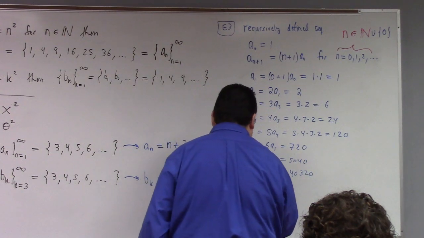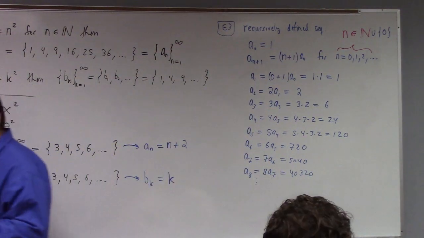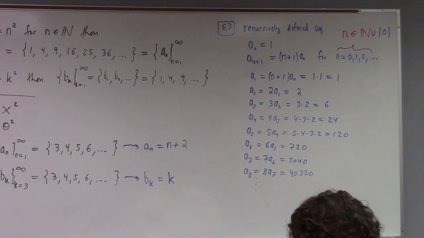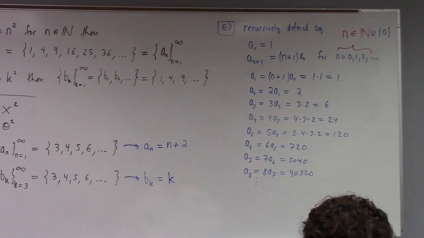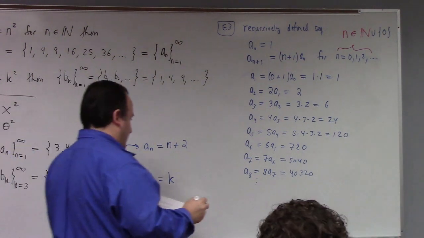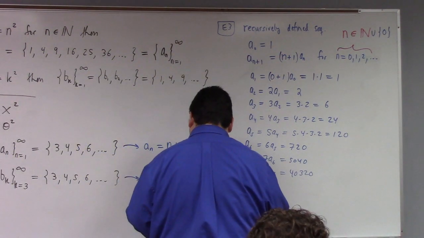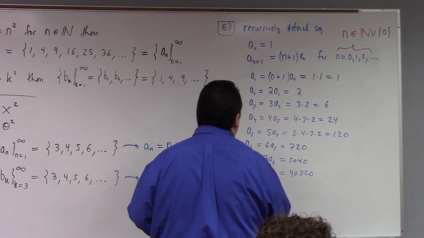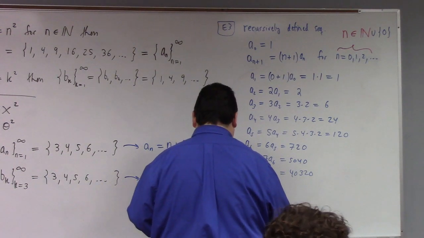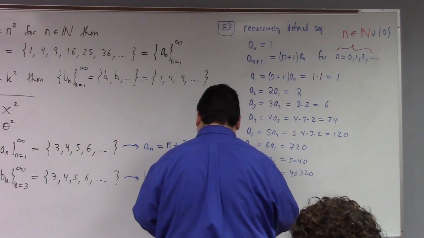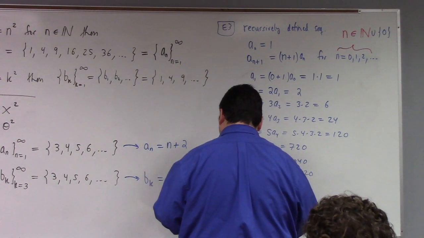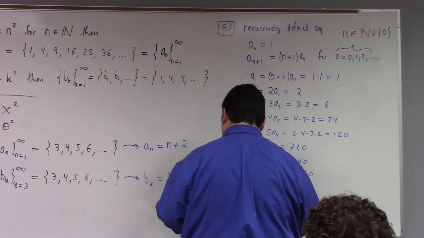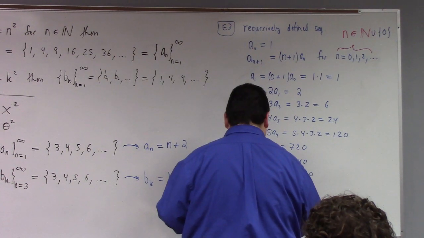But anyway, this sequence is recursively defined, all right? If you were to calculate it, a sub 100 would be 3, 0, 4, 1, 4, 4, 1, 4, 0, 9, 3.